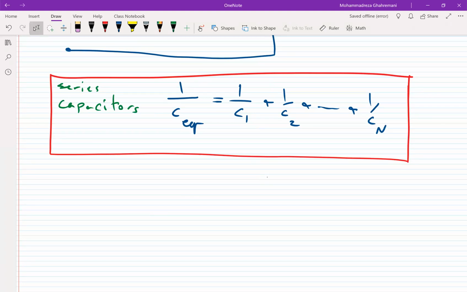Okay, let's do some examples. Here is an example.